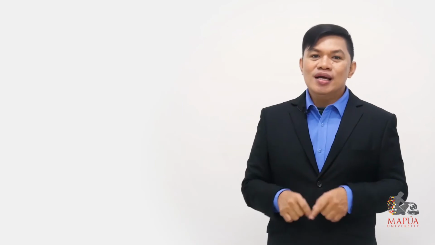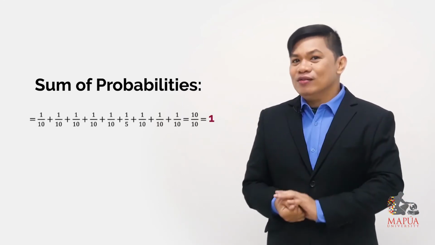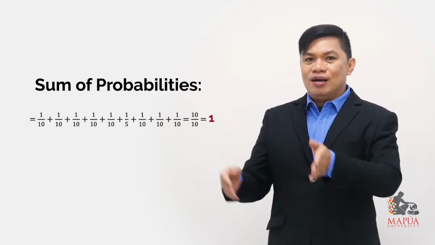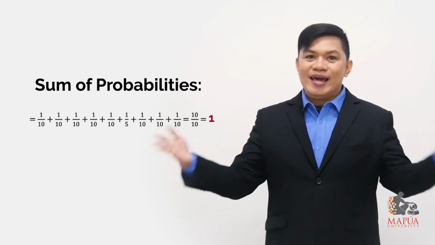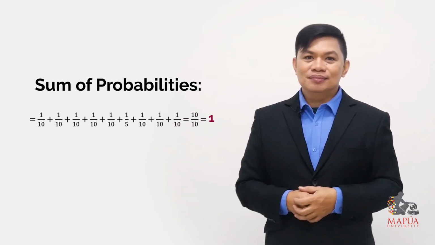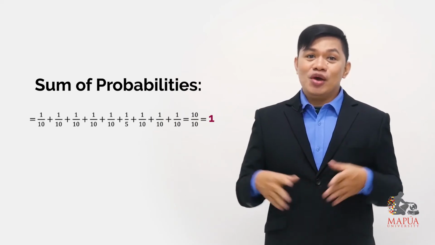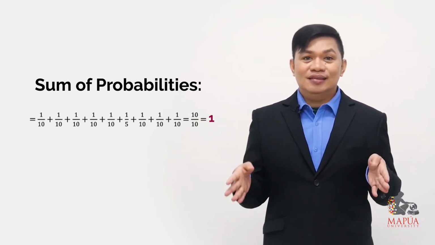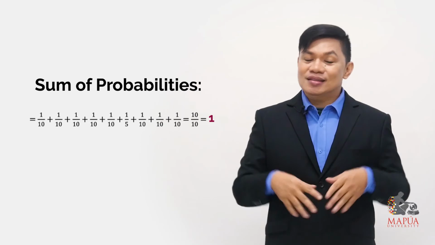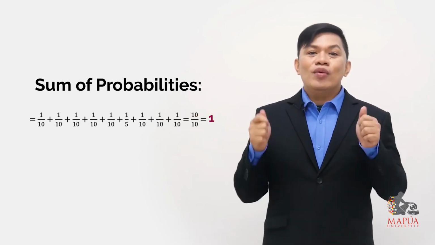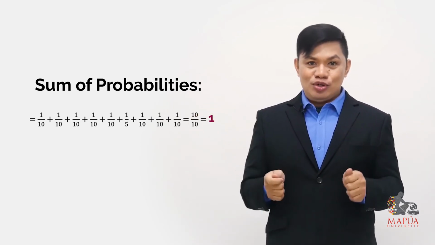If you add all the fractions in the second row, it is 1 over 10 plus 1 over 10 plus 1 over 5 plus 1 over 10 and so on. What do you get? Simple algebra, that is going to be 10 over 10. And 10 over 10 is equal to 1. That simply means that we have a valid probability distribution.